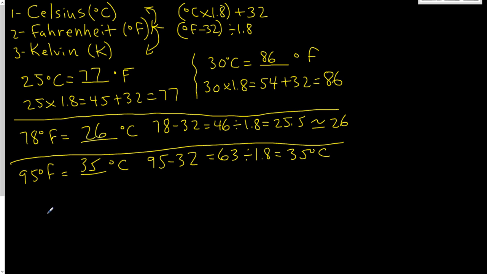Now, let's look at Kelvin, and I'm just going to write this in here so we can have it. If we're going from Celsius to Kelvin, then there is our conversion. We simply add 273. Okay, so let's go fresh.